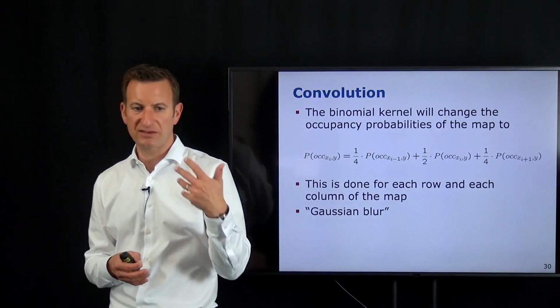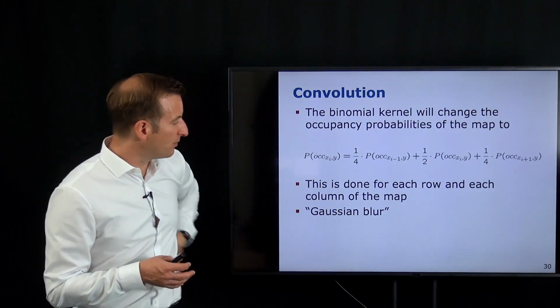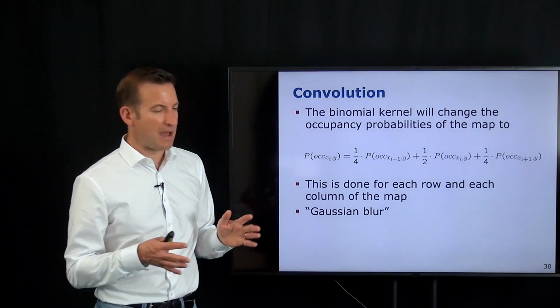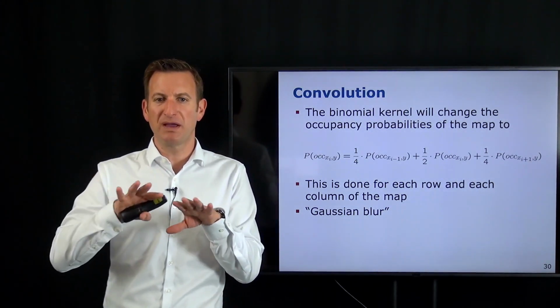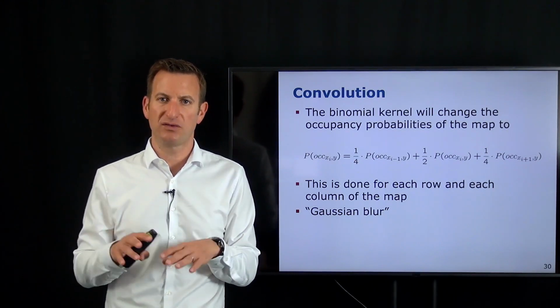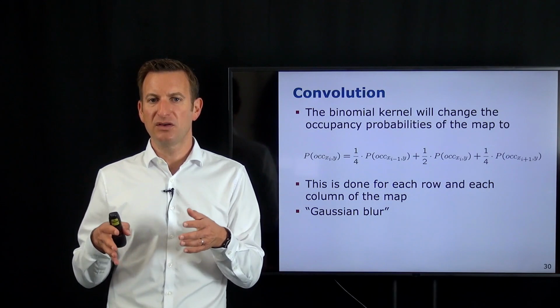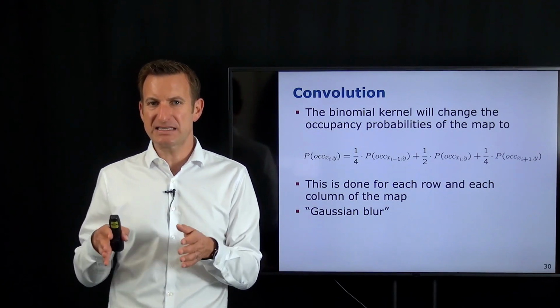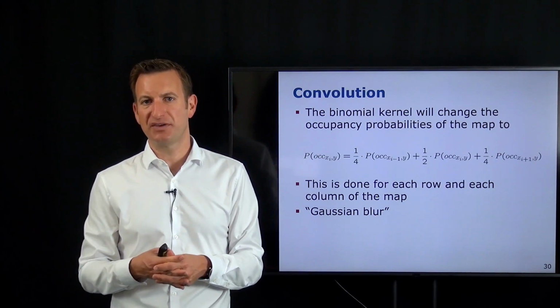You can do this in x direction and y direction, and it gives you a Gaussian blur. It takes a binomial kernel to blur that map, and you're basically smearing probability mass for occupancy into the white space. If you then plan in this convolved map, you will get trajectories which are slightly longer, but make slight detours next to obstacles.